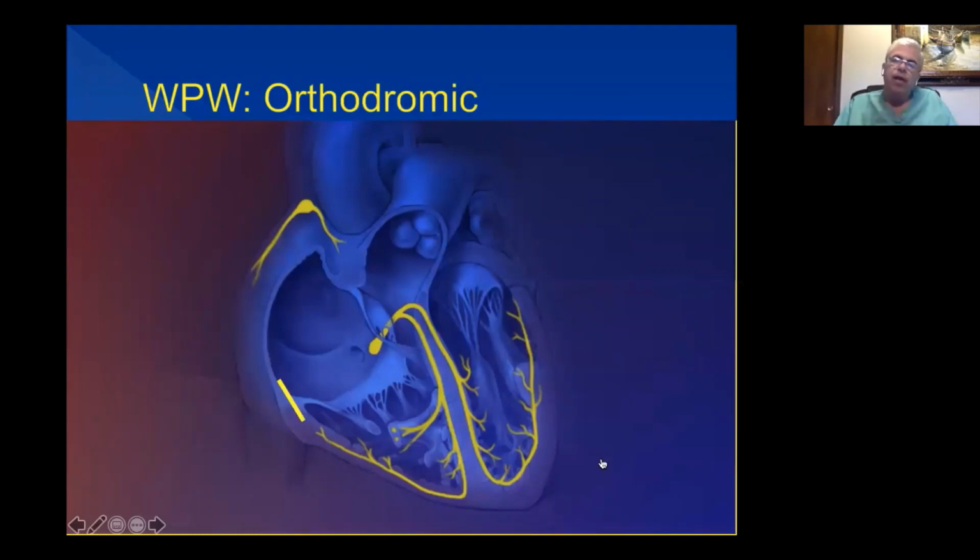The point I want to highlight: when you have orthodromic atrioventricular reentrant tachycardia, you have to go down the bundles and activate the ventricles before you can get to the atria. So the P wave cannot be inscribed at the same time as the QRS, just like you would see in AV nodal reentrant tachycardia or junctional tachycardia.